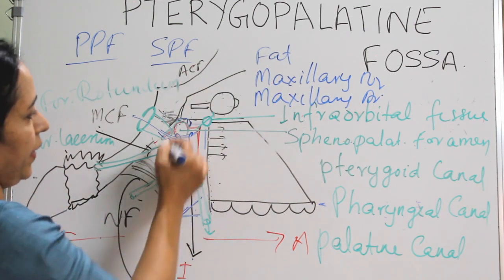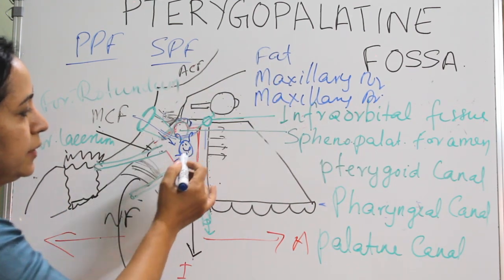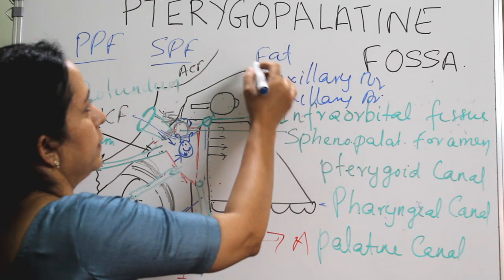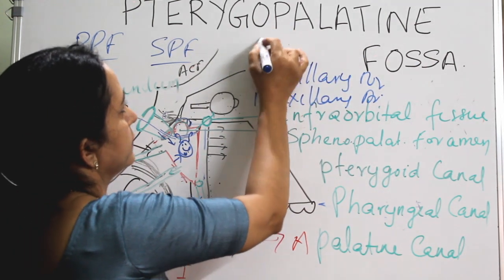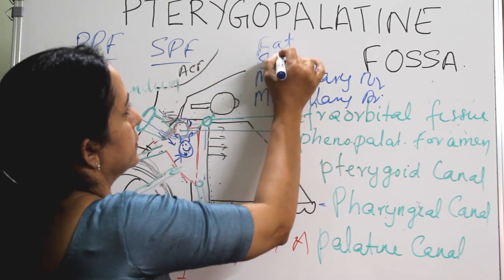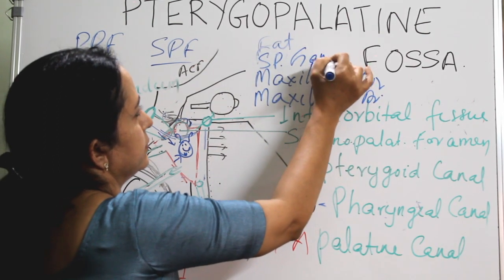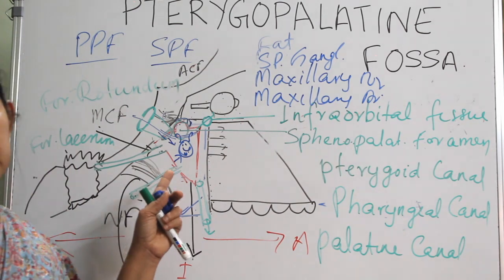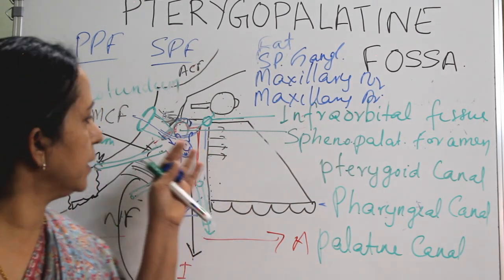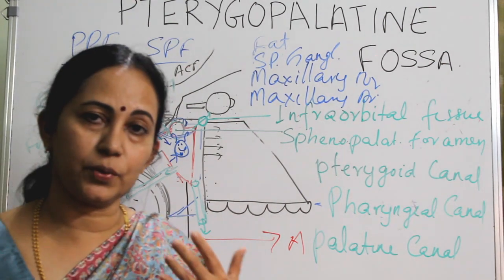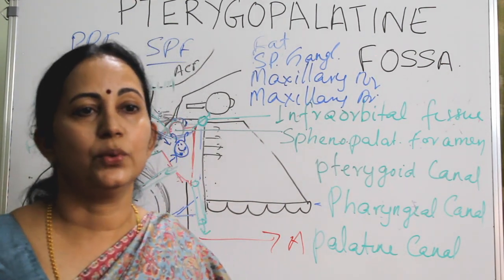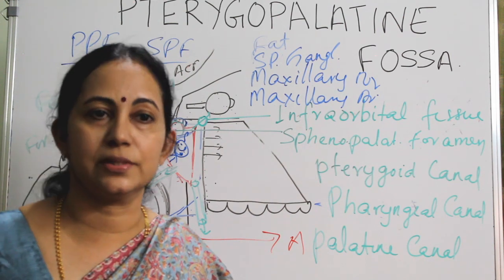So the fat, then the maxillary nerve, then the pterygopalatine or sphenopalatine ganglion, and also the terminal branches or the third part of the maxillary artery. These are the contents of the pterygopalatine fossa. That is all about the pterygopalatine fossa. Hope you got a very good understanding of this pterygopalatine fossa.